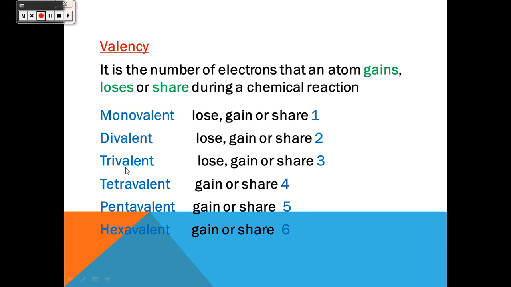And we have also tetravalent for the atom that gains or shares four electrons, and pentavalent for five electrons, and hexavalent for six electrons. So we have monovalent, divalent, trivalent, tetravalent, pentavalent, and hexavalent.